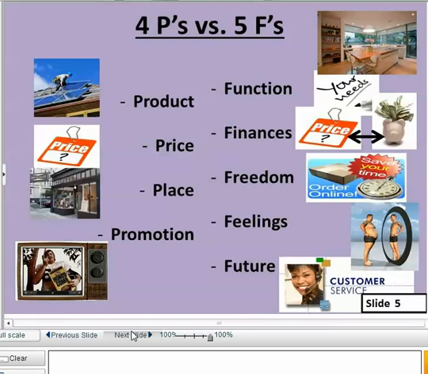What about the freedom that this particular product and your way of ordering it or providing it is going to provide to them? I always like that feelings one because invariably people have a different vision internally than what reality is outside.